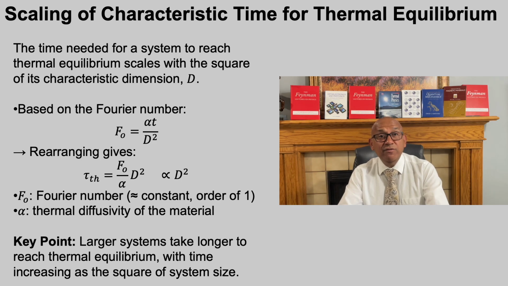This means that if we double the size of a system, the time it takes to reach thermal equilibrium increases by a factor of 4. For very large systems, heat spreads slowly, while very small systems equilibrate much faster.